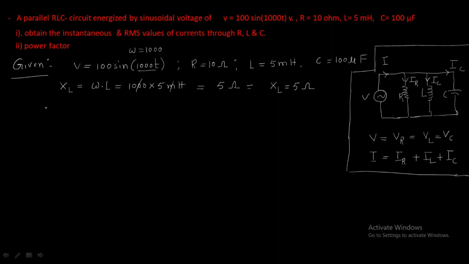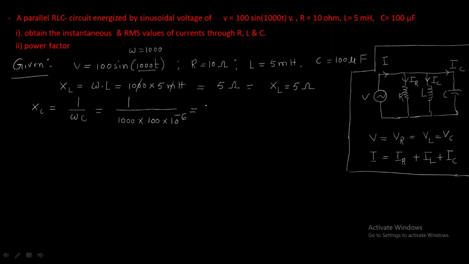Next we have to find out the XC value. XC is 1 by omega C, so 1 by 1000 into C, which is 100 microfarad, that is 10 power minus 6.